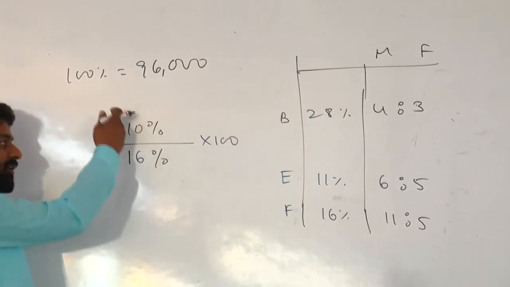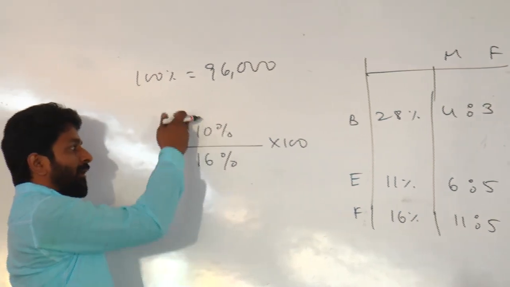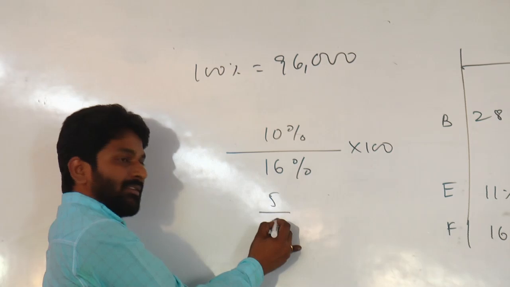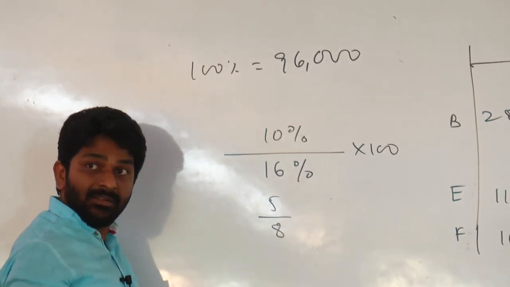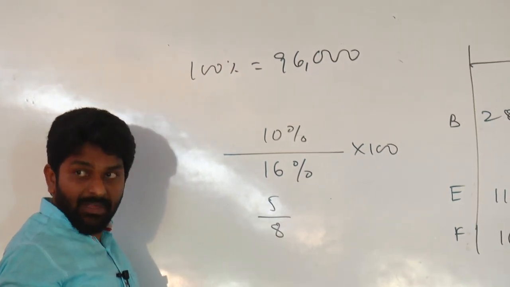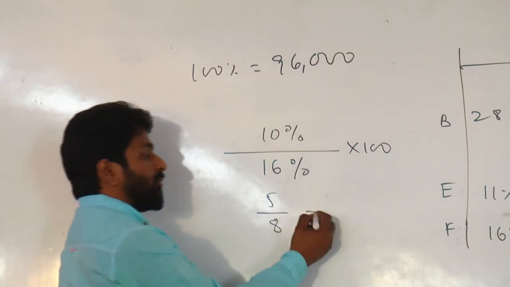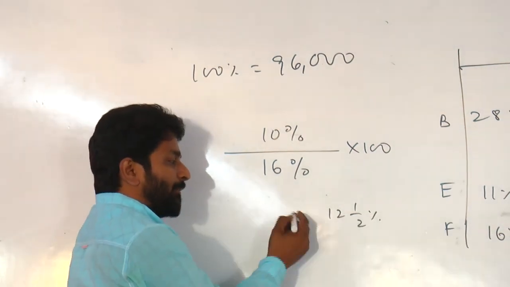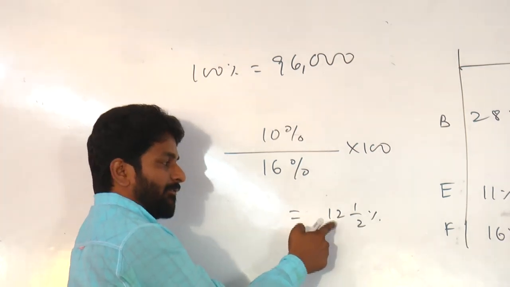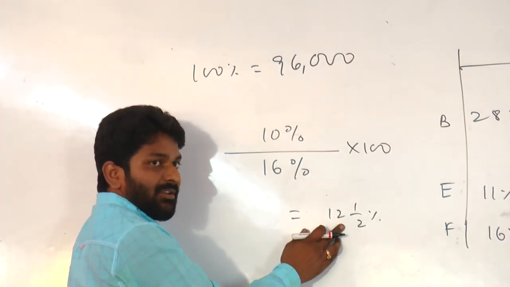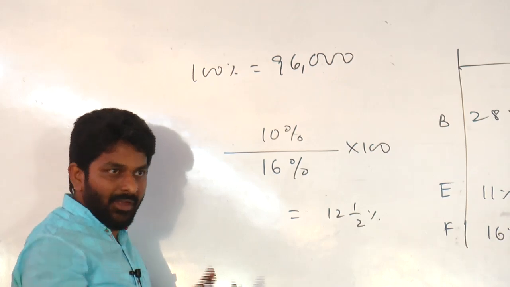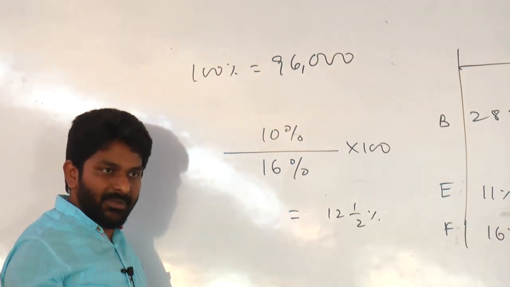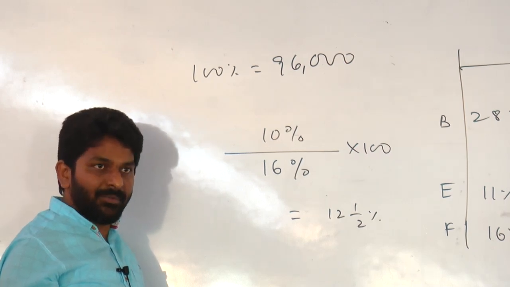Now you need to calculate in terms of number. Cancellation with 2, that will be 5 by 8. What do you mean by 1/8? 1/8 is 12.5%, but you have 5/8, so you need to multiply this number by 5. If you know the 5/8 value, you are done almost. 1/8 is 12.5%, 3/8 is 37.5%, 5/8 is 62.5%.